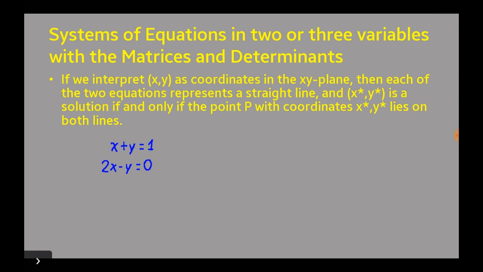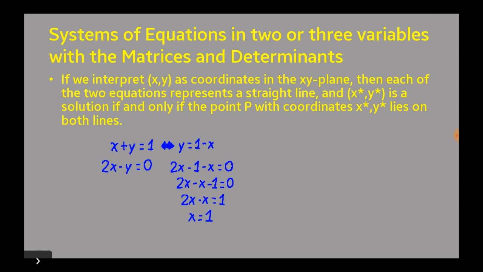So x plus y equals 1, interchanging the variable y into x, y equals 1 minus x. Put y into 2x minus y equals 0: 2x minus (1 minus x) equals 0. 2x minus 1 plus x equals 0. So 3x equals 1.